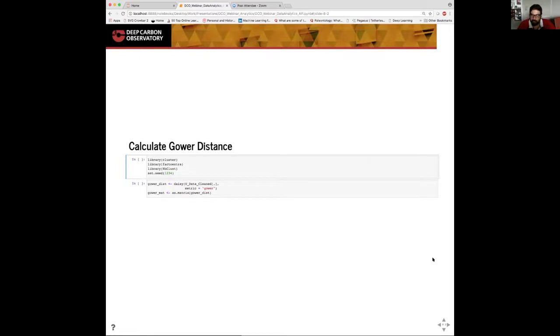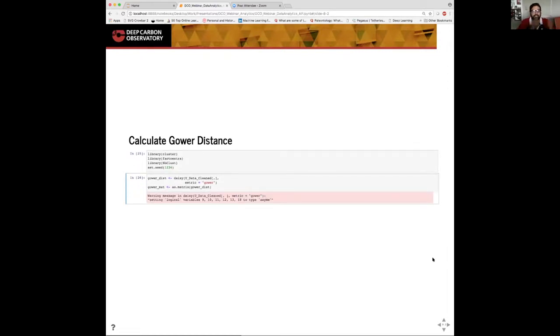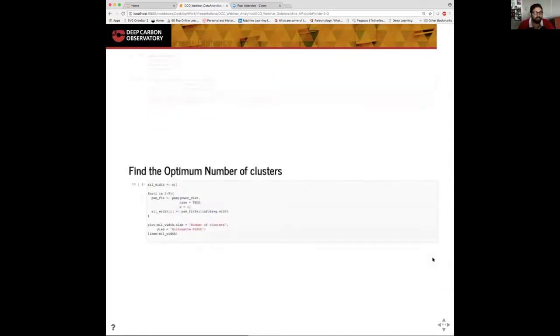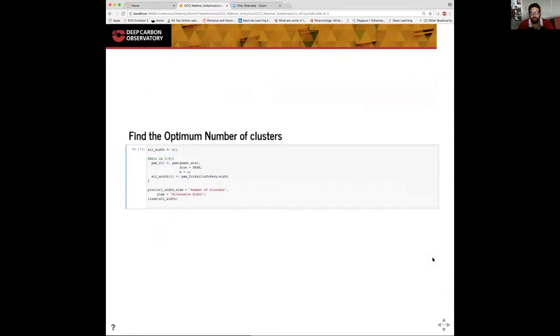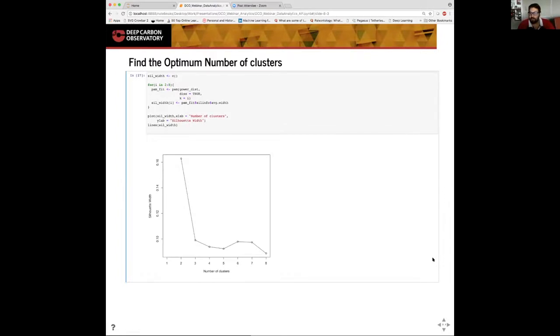The first step of this algorithm is to use a distance matrix to calculate how similar or dissimilar these elements are. We then use this distance matrix to run clustering simulations and find the optimum number of clusters. To find the optimum number of clusters, we use silhouette width, which is a measure of how distinct each cluster is.